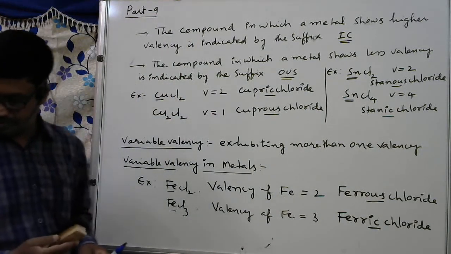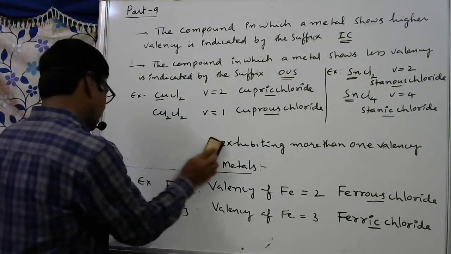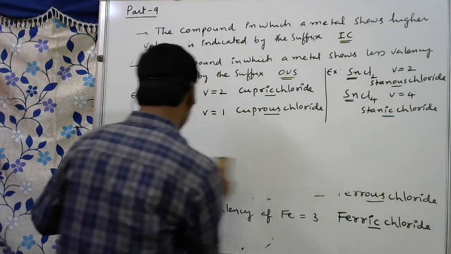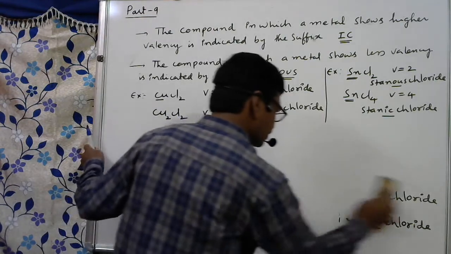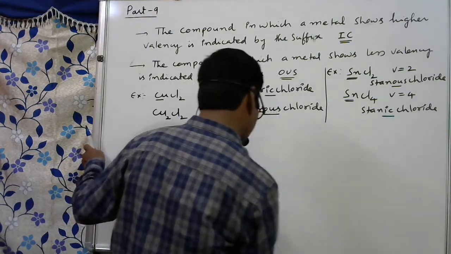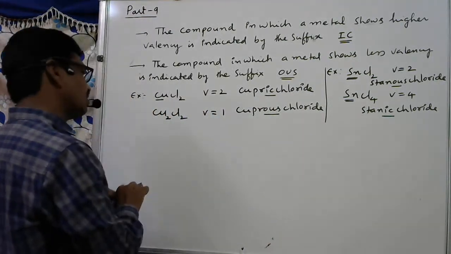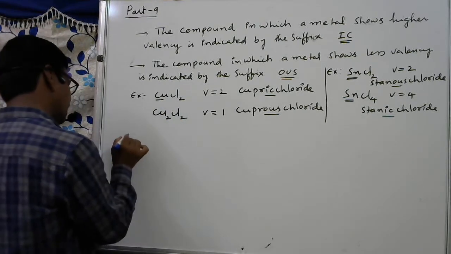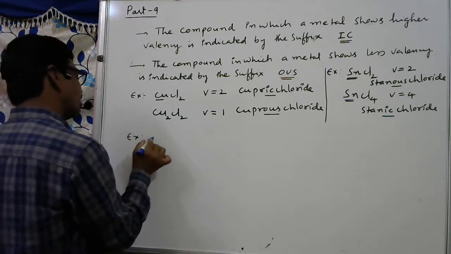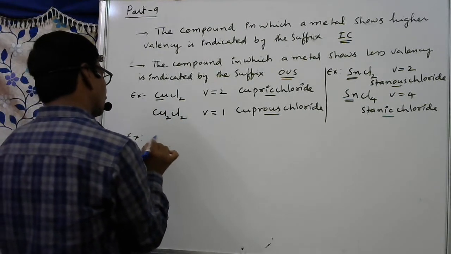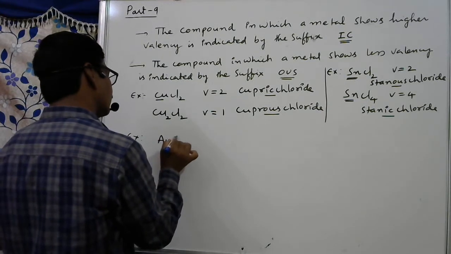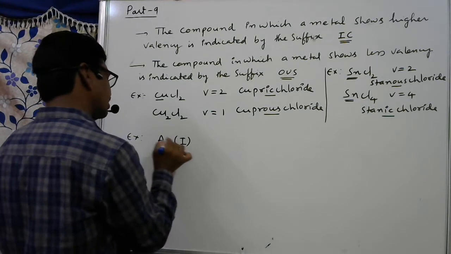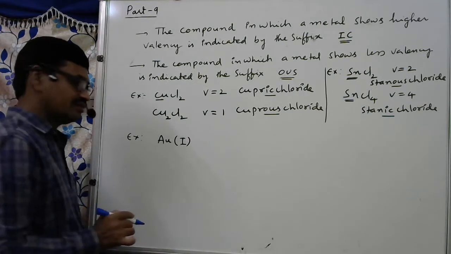Some more compounds I am giving here. Here I am not writing compounds, just writing their valency in Roman numerals. Au(I) means its valency is 1.